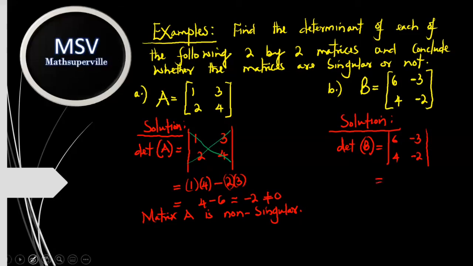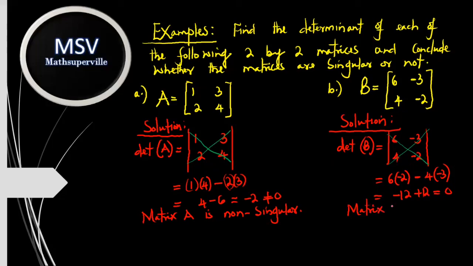And then you multiply out the elements on the leading diagonal and subtract out the product of the elements on the other diagonal. So this gives you 6 times -2 minus 4 times -3. And this gives you -12 plus 12, and this is 0. Therefore, we can conclude that matrix B is singular.